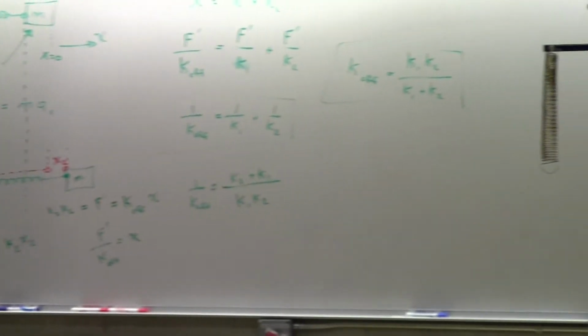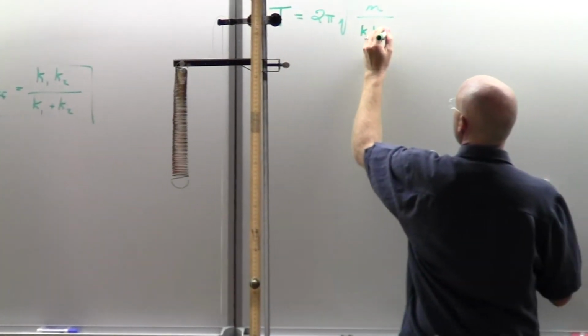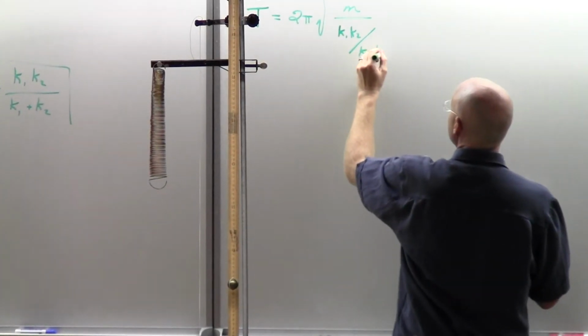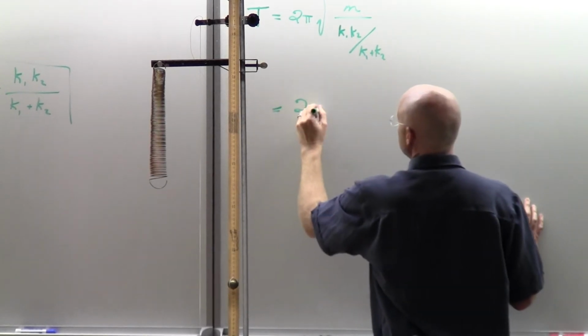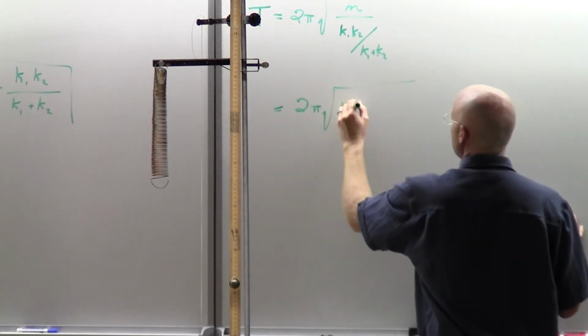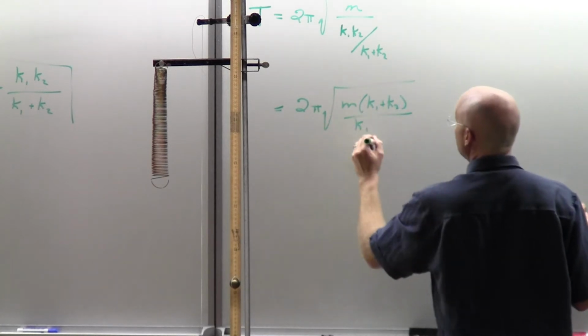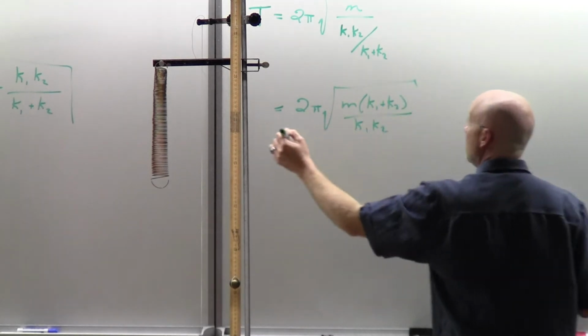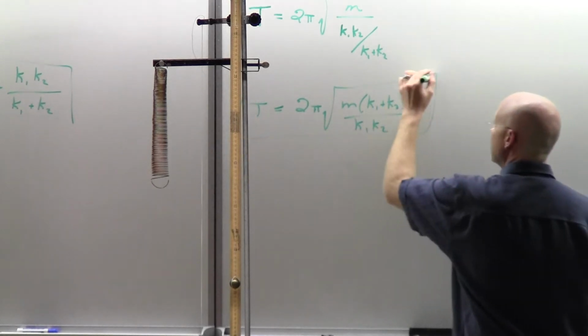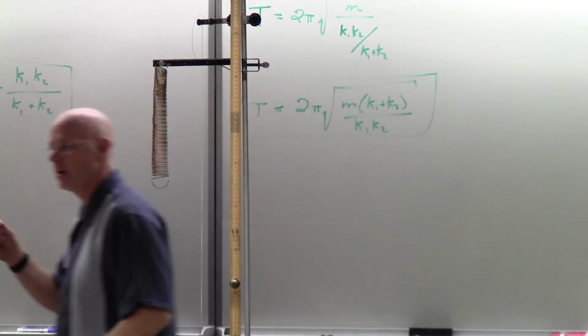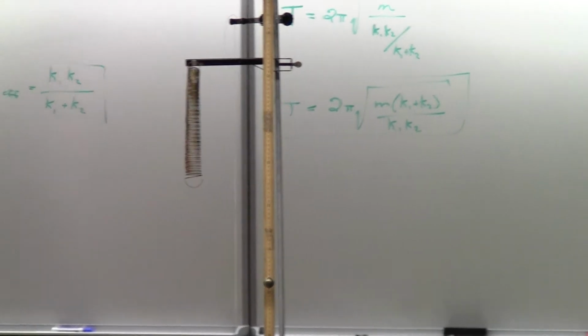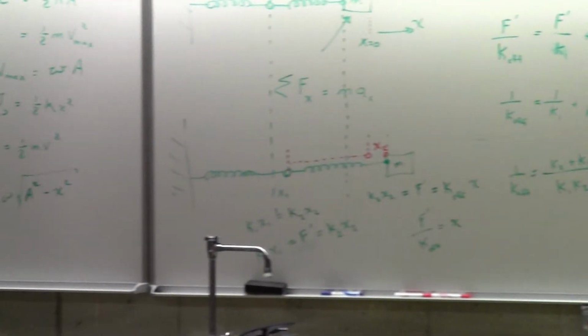So that becomes K1 K2 over K1 plus K2, which, since this is a compound fraction, I would have to write by flipping and multiplying. But there would be the period of oscillations, and I could do the frequency, and I could do the energy, and so on. Fair enough?